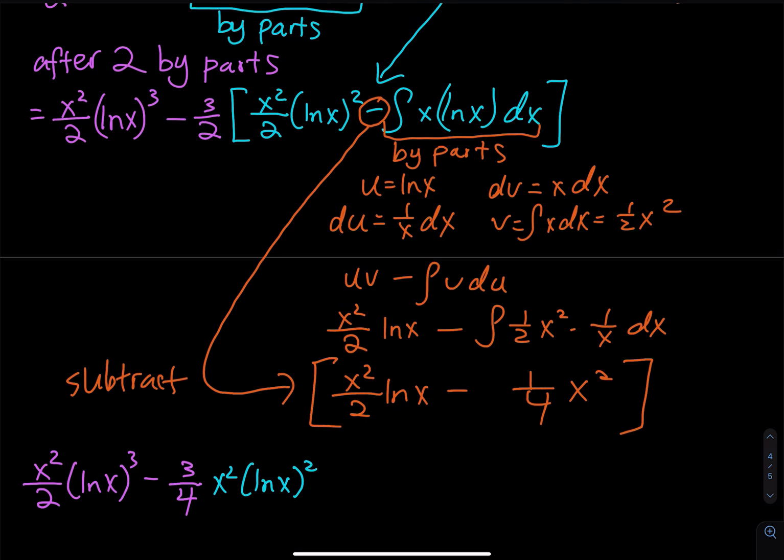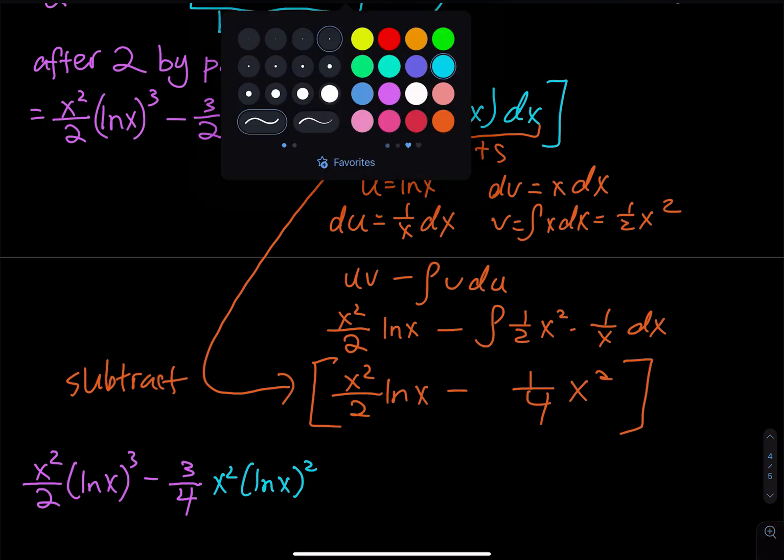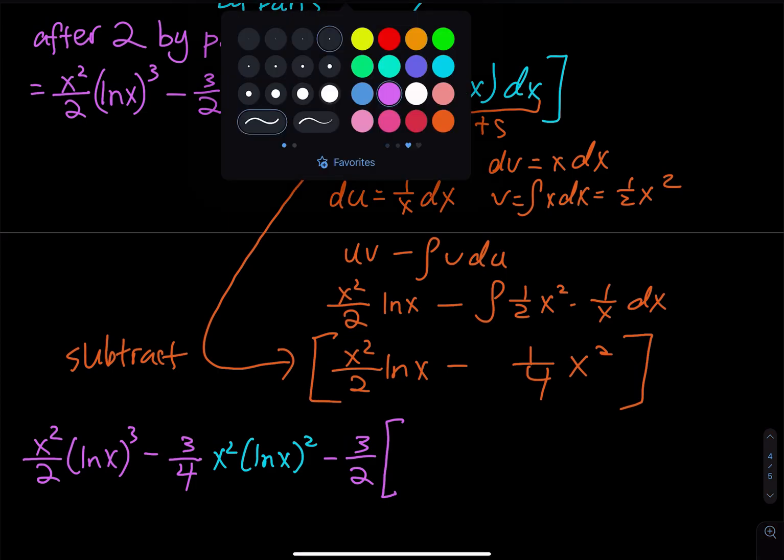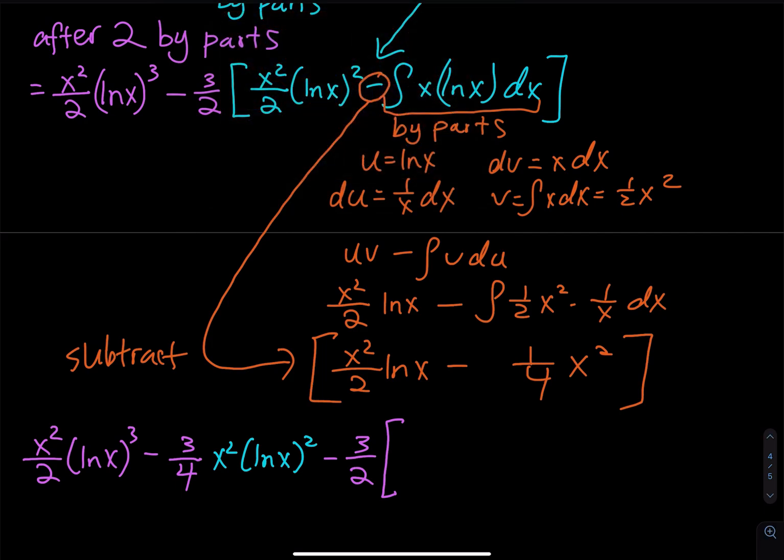Okay, should I just do this in 2 lines? I think I would just do this in 2 lines because I don't want to take any chances. So what happens when you multiply this? When you distribute the minus, you have a minus x squared over 2 ln x, and then minus minus becomes a plus 1 over 4 x squared, and then you distribute the 3 over 2.